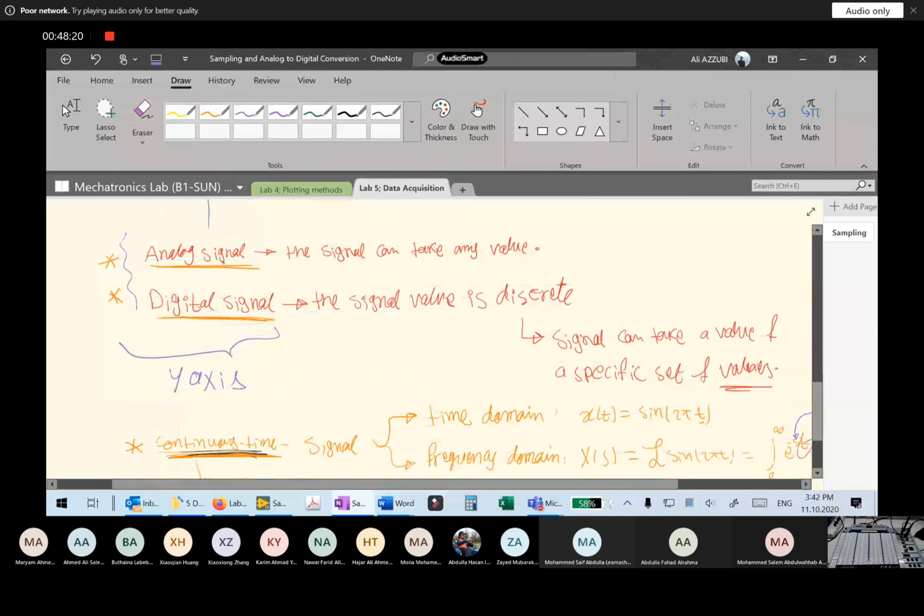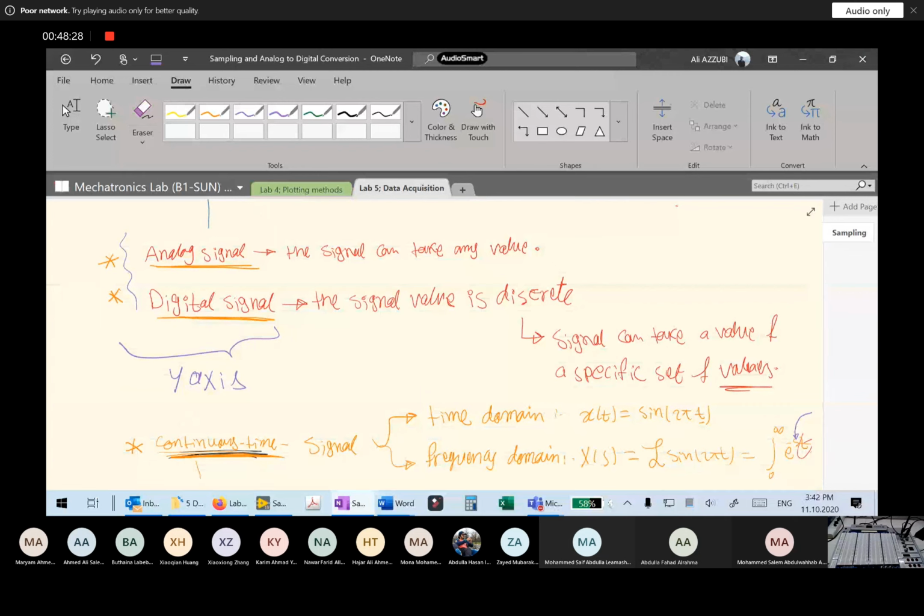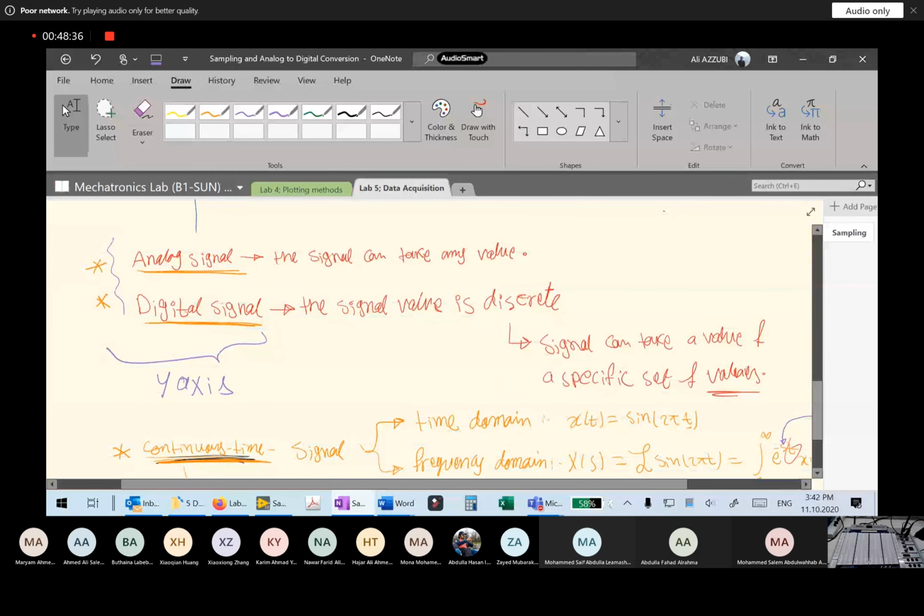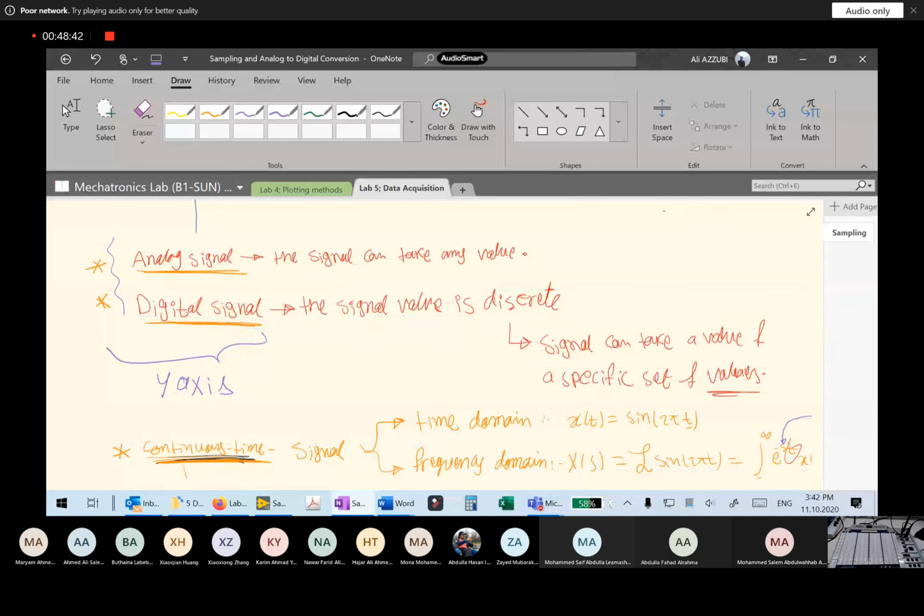If I have analog signal, this means the signal value itself, the stress, the strain, wind speed, can be of any value. It can take any value. While if my signal is digital, it will take only from a specific set of values. Okay, Shabab, you understand this?